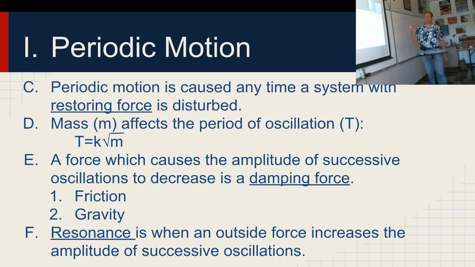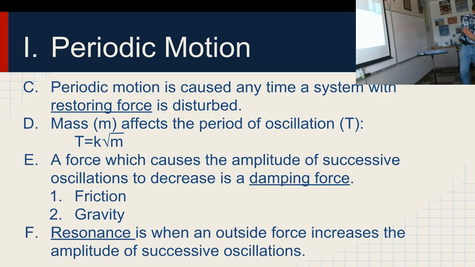So periodic motion is caused anytime a restoring force is disturbed. Again, this example with the spring and the mass, this time it's the pulling up of the spring that is the restoring force. And gravity is also a restoring force. Now the spring and gravity are working against each other. So you pull down on the mass, and the spring is like, no, don't stretch me. So the spring pulls back up.